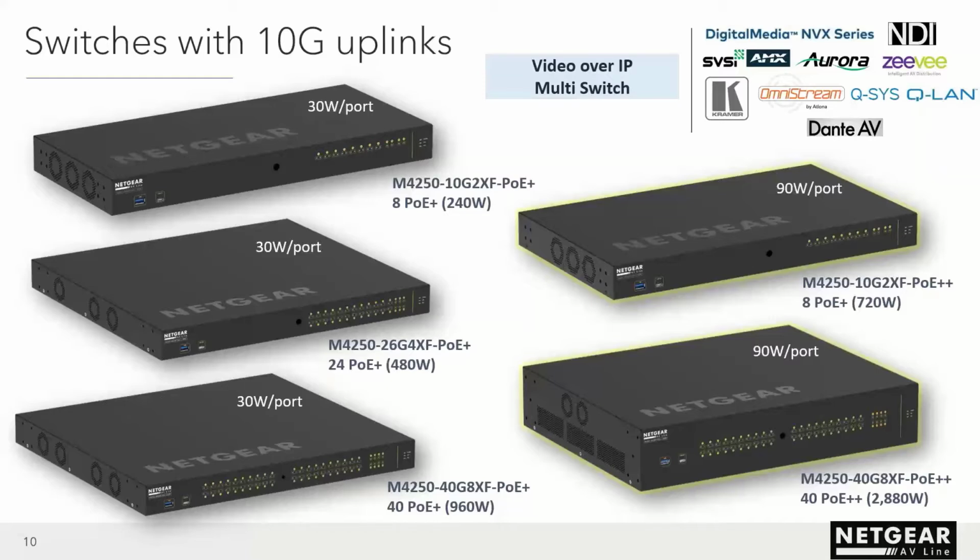So with the 10 gig uplinks now, we have an even larger family with, again, 8, 24, and 48 ports with some more power, of course, more horsepower with the 10 gig uplinks. And on the right side, 2 other models for 802.3bt, Ultra PoE, 8 and 48 ports. So globally, this is a good way to remember the 4250 line with the 1G and the 10G versions.